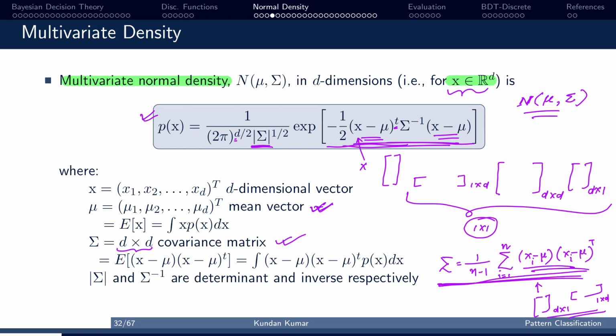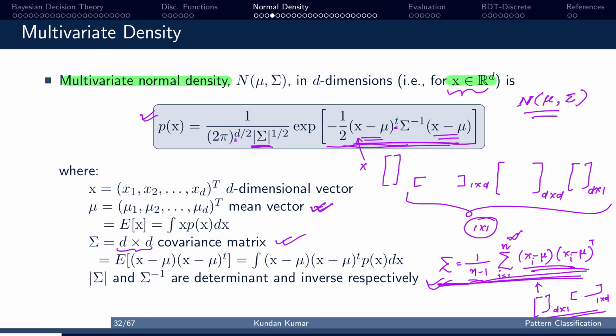So we have to take the summation of the d cross d matrices for each individual data sample, and then we take the average. Okay, so this is our covariance matrix.